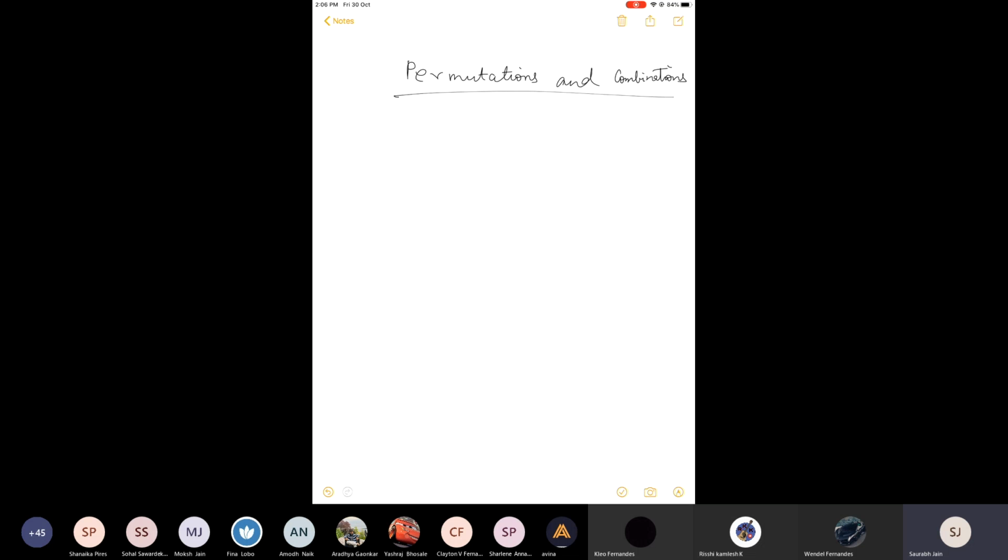The chapter will start with a notation that is called the factorial. We'll start the chapter with this definition. Okay, the factorial.